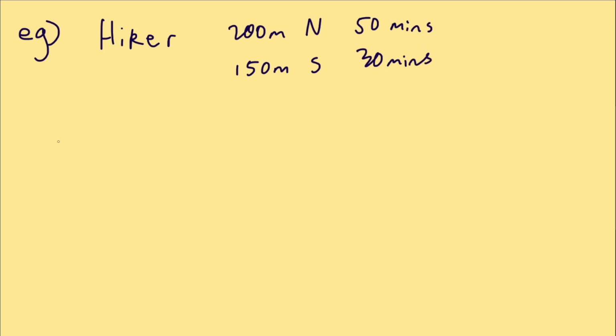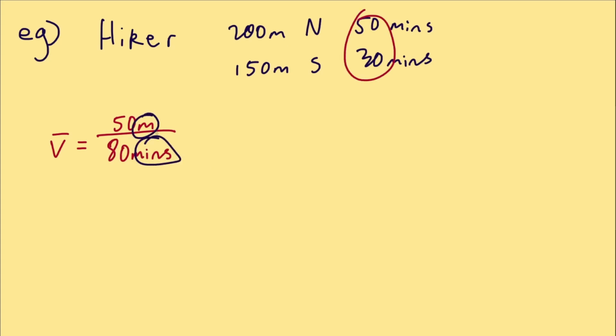Now, regardless of if you struggled or if you found this problem easy, I'm going to walk you through it. Average velocity, as we know, is change in x over change in time. His displacement is 50 meters. And the time elapsed is 80 minutes. But see, it's meters per minute.